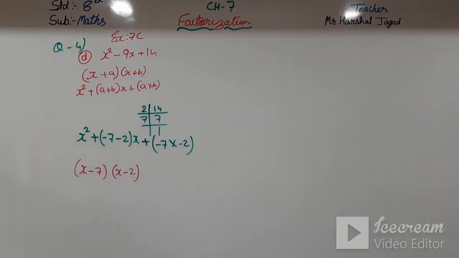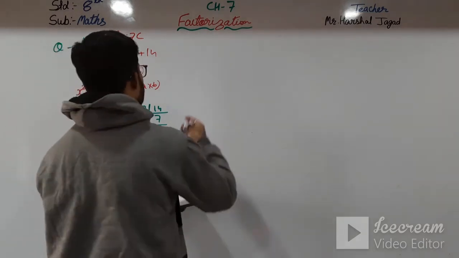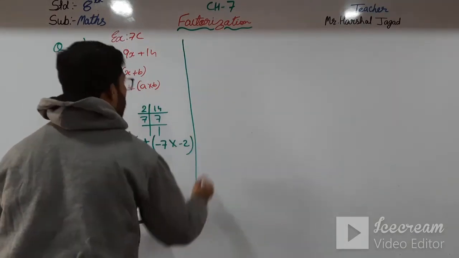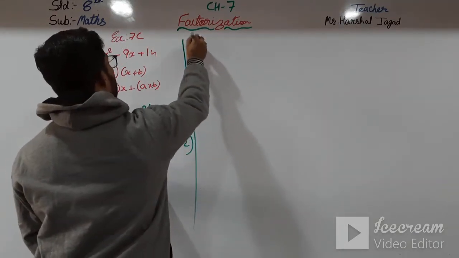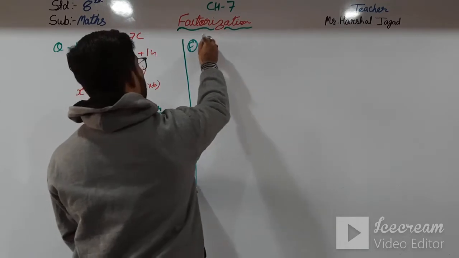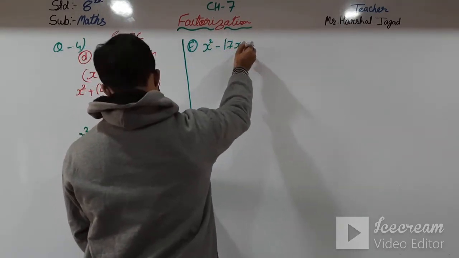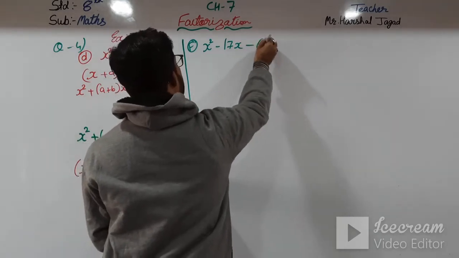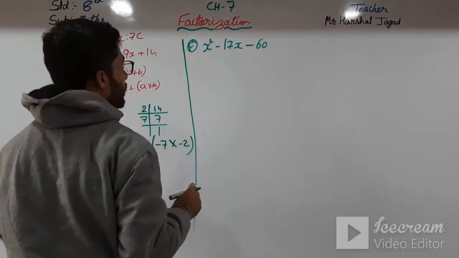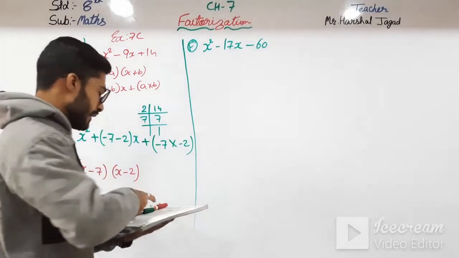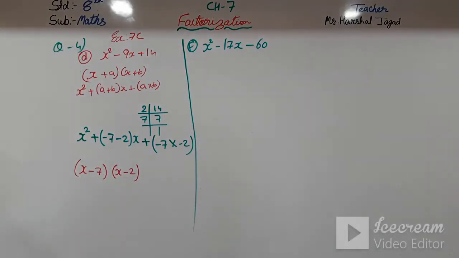Going towards the second, here we will do f, that is x square minus 17x minus 60. Okay, so how will we do this? We know how to do it in this way.